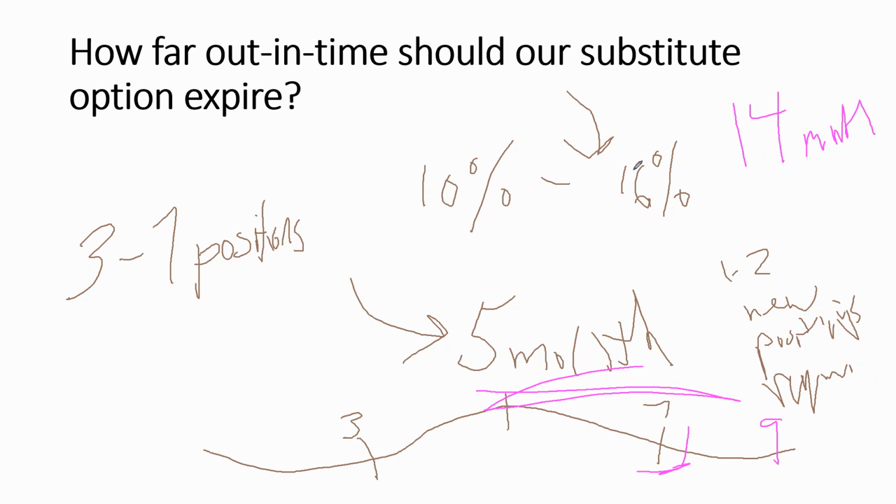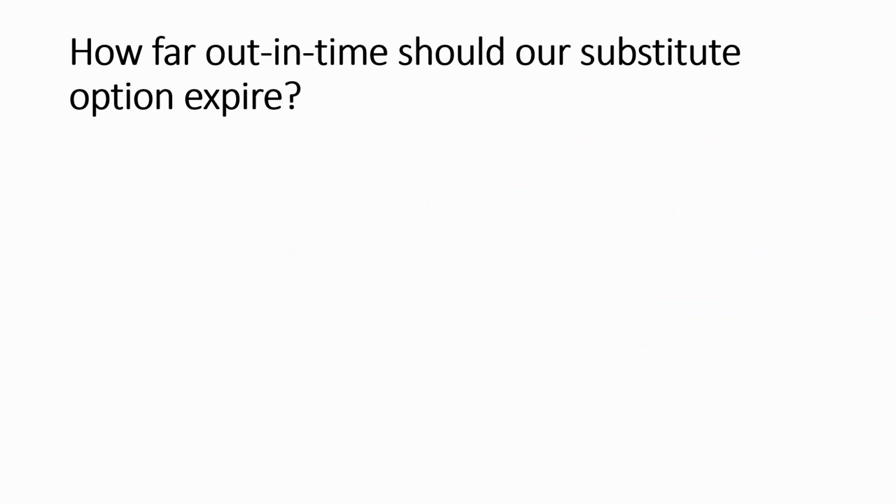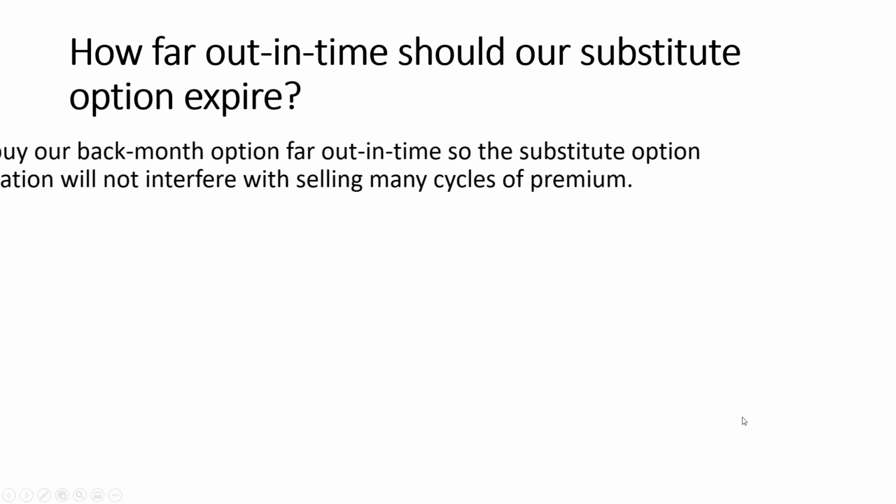So we want to go far enough out in time so that we won't have that happen. Imagine you have a rental property and you've got a tenant in there, and for 3 years you've been collecting rents and it's helping you supplement your income, and then all of a sudden the property just disintegrates on you and you can't collect the rents anymore. That's kind of what would happen if you don't pick far enough out.